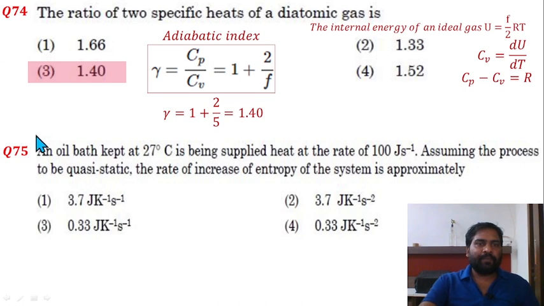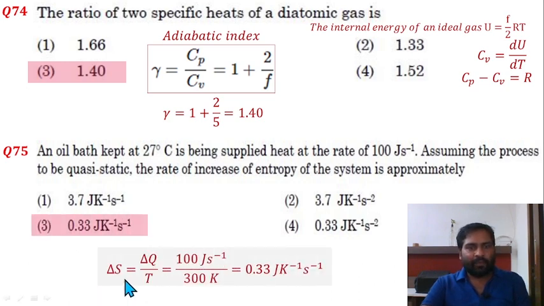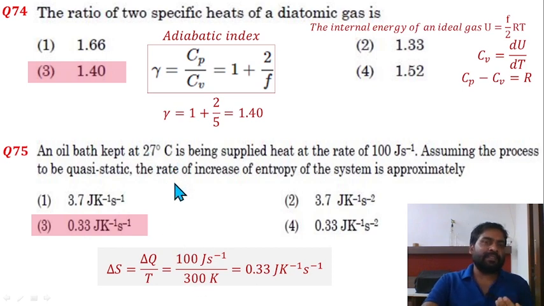Question 75. An oil bath kept at 27 degrees Celsius is being supplied heat at a rate of 100 joule per second. Assuming the process to be quasi-static, the rate of increase of entropy of the system is approximately... The rate of increase of entropy equals dQ by T. Put the temperature in Kelvin, so 27 plus 273, that means 300 Kelvin.